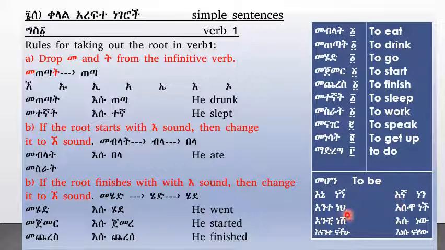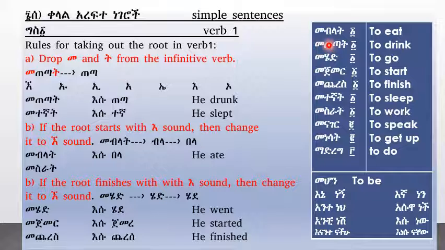You see, in all subjects the verb changes. But it is not as difficult as you expect or suspect, because we have formulas, we have routines. To study those routines, the first thing we have to know is how to extract the root of the verb.